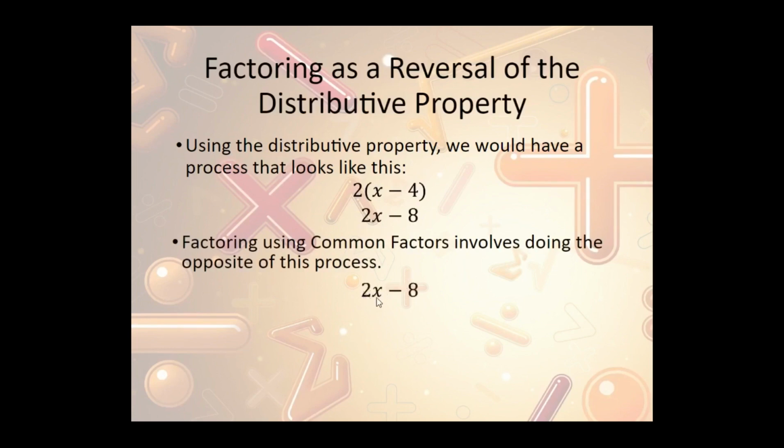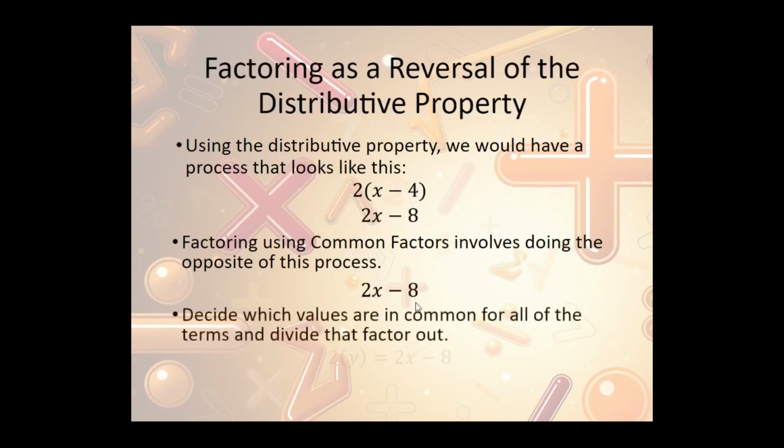We know that 2x is divisible by 2 and negative 8 is divisible by 2. So I can pull that out, and I end up with 2 times x minus 4. So really it's the same thing. I just divided each of them by 2 and put that outside. So factoring in this way is exactly the opposite of the distributive property.